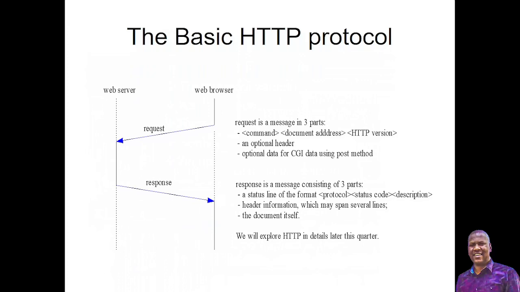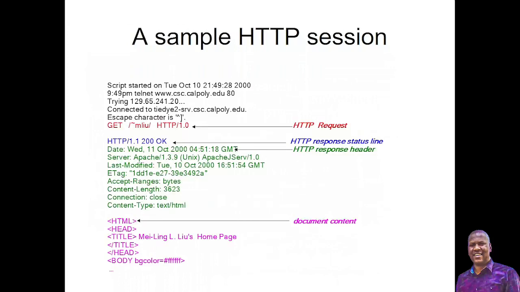A basic HTTP protocol initiates based on 2 processes: the web browser and the web server. So we have looked at how the HTTP protocol provides this kind of communication between the sending process and the receiving process, which happens to be the server.